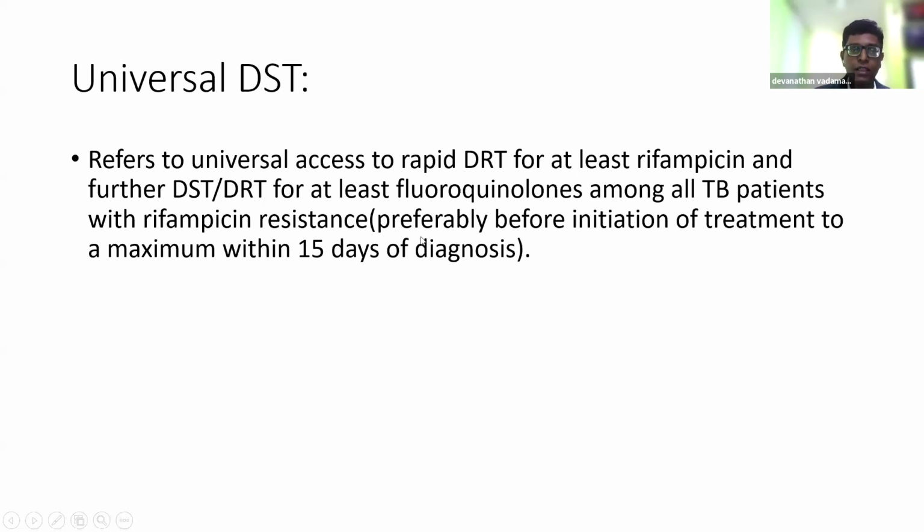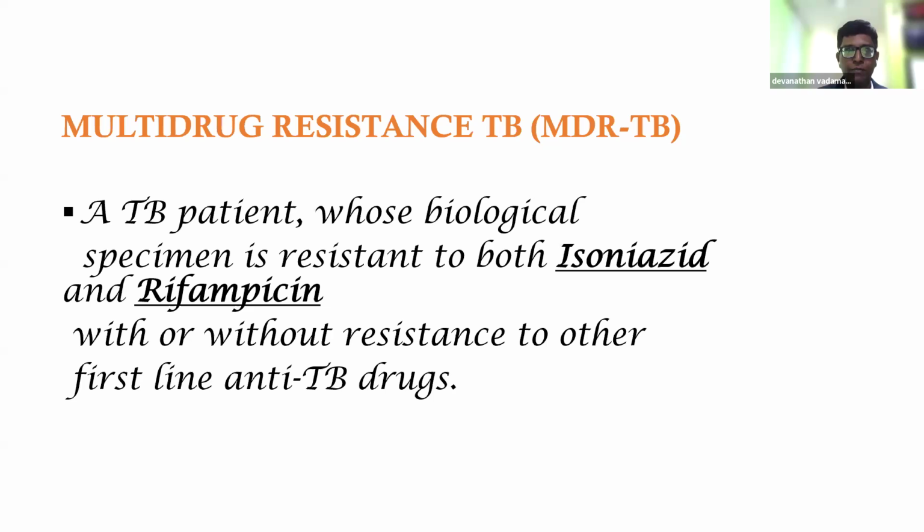And with regards to drug-resistant TB, further second-line LPA at least should be done to know the status of fluoroquinolone, whether moxifloxacin or levofloxacin is sensitive or not. This is universal DST, which you should know. So for drug-sensitive TB, all patients should be tested for rifampicin, and with regards to DR-TB, fluoroquinolone sensitivity must be known.